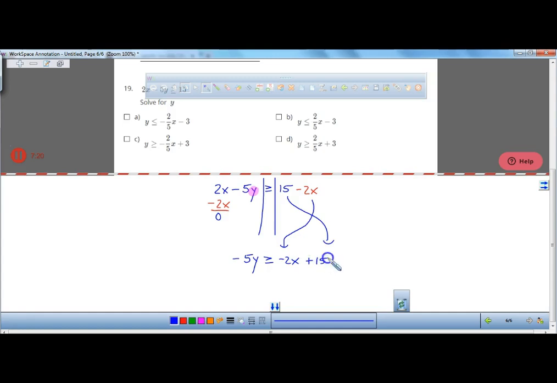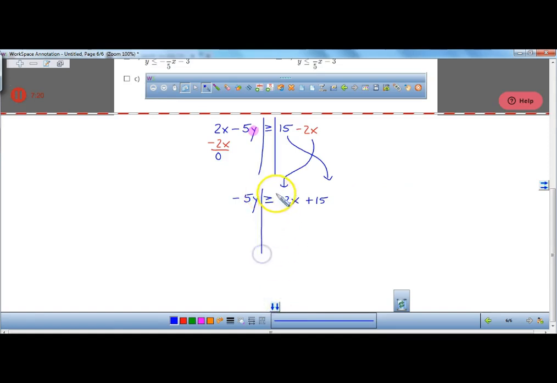We still have the inequality sign we have to pay attention to, because now we have to divide every single number by this negative 5. I don't know if you remember what happens when you multiply or divide an inequality by a negative, but the sign flips.